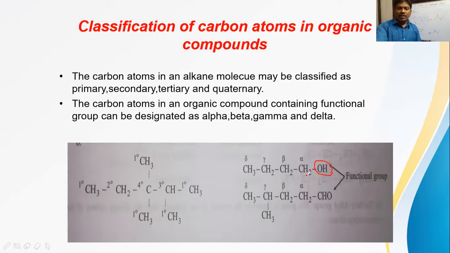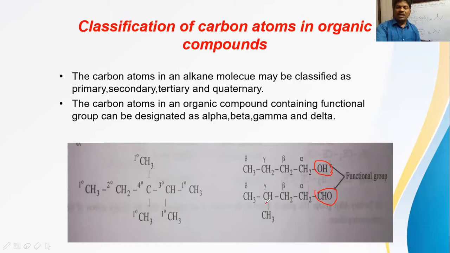Okay. And here, CHO is the functional group. CHO is the aldehyde functional group. This aldehyde functional group is directly attached to this carbon. So it is taken as alpha carbon. It is beta carbon, gamma carbon, and delta carbon. So on which carbon is there a methyl branch here? The methyl branch is present on gamma carbon.